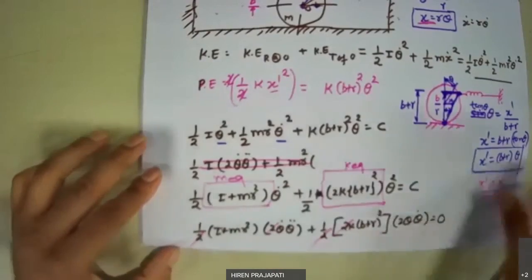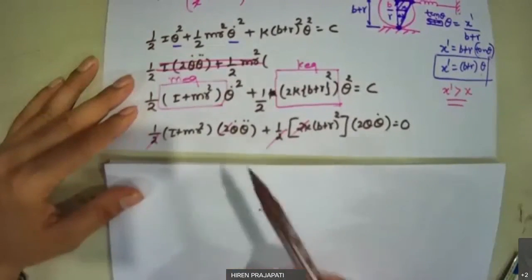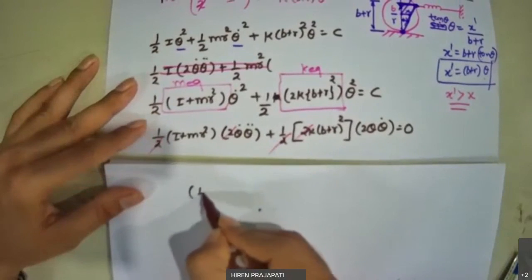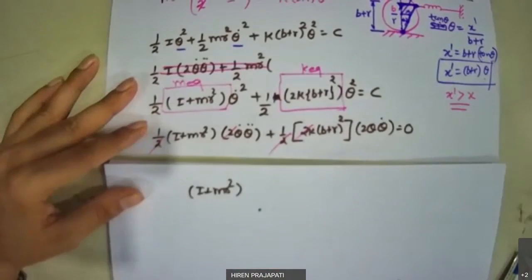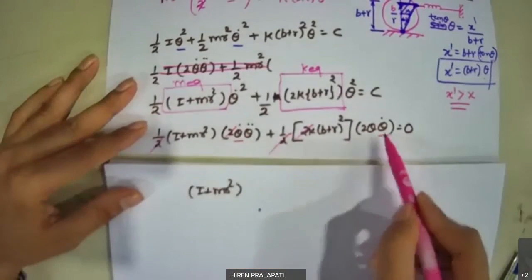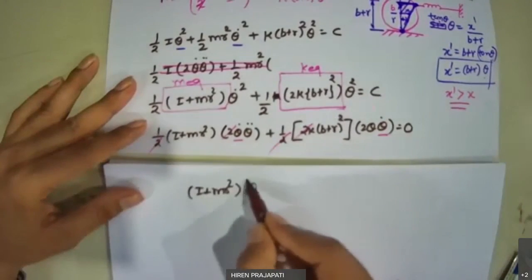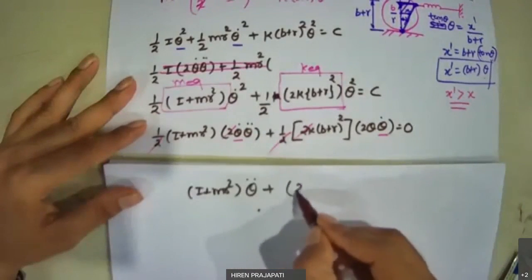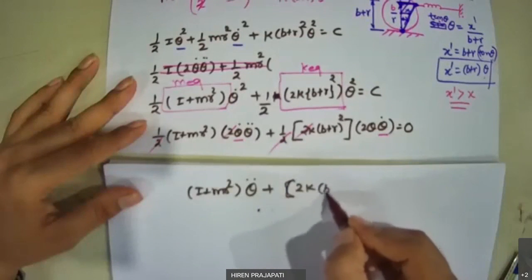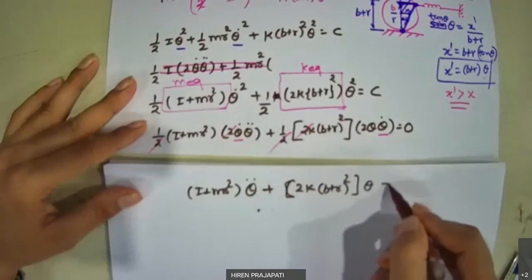Let me write it one more time. From both terms, theta dot is taken common and moved from the right side to 0. So here we have theta double dot plus 2k (b plus r) whole square over (I plus m r square) theta is equal to 0.